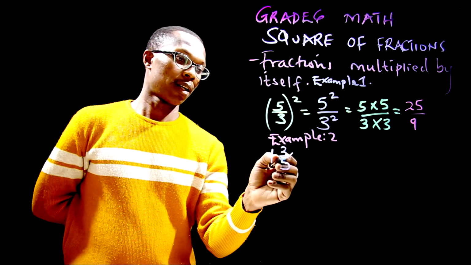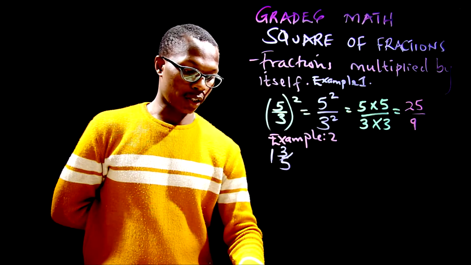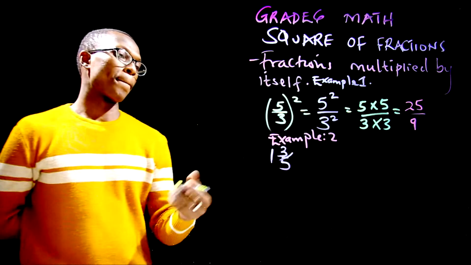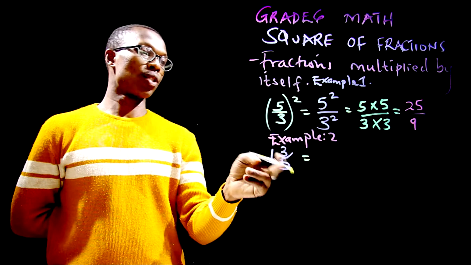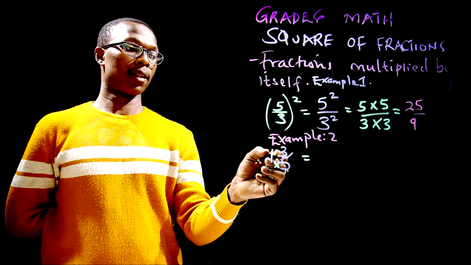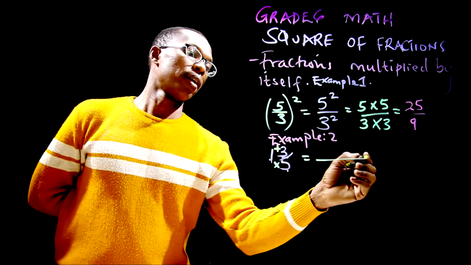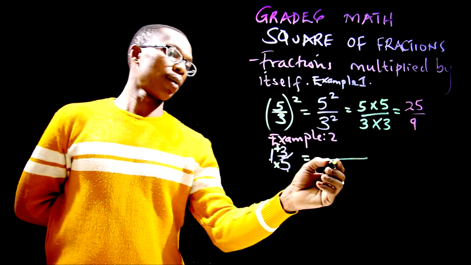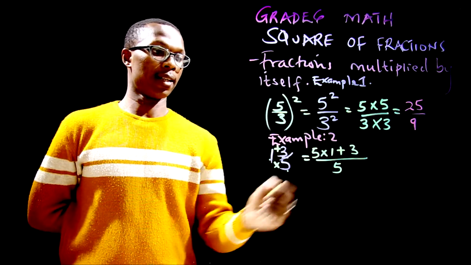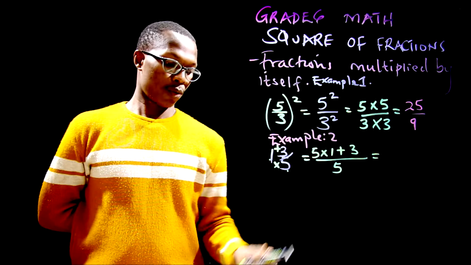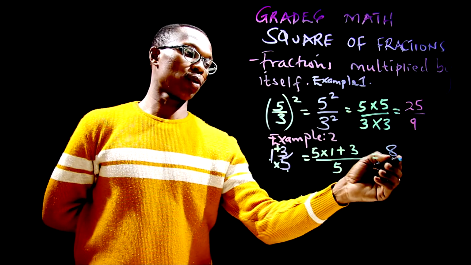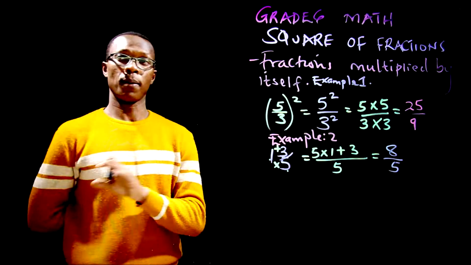We first have to change it to an improper fraction: we multiply 5 times 1 plus 3. The denominator remains the same. 5 times 1 is 5, plus 3 is 8. So we have 8 over 5.